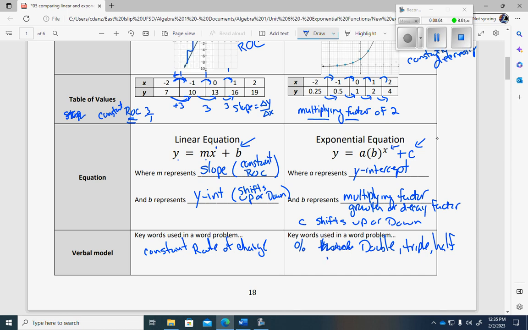Like compound percentages, like when you put it in the bank, your interest compounds. Of course, decay and growth. Right, so these are all words that make us think about exponential.